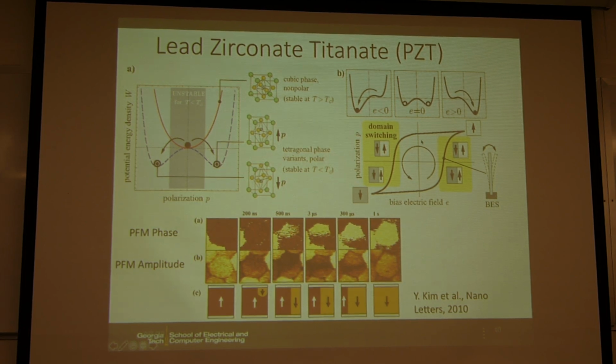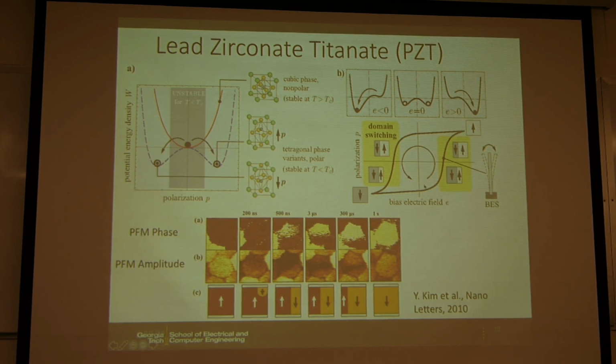This graph shows what the typical polarization versus electric field looks like. It has a counterclockwise hysteresis. At zero electric field, you have this double-well energy landscape with two minima. At this point you may be here, and the P value is at this minimum here.